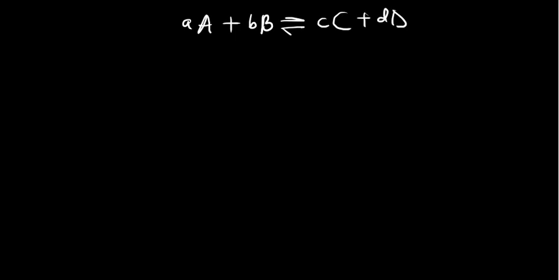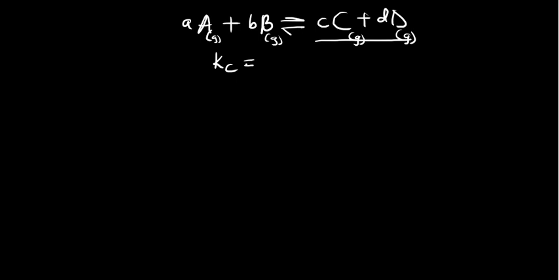Hope you understand. Whenever they ask you to find equilibrium constant, the first thing to consider is that all of them must be in gas phase. I hope you understand. If you want to include them in the equilibrium constant, the constant here is going to be these products for the forward reaction.